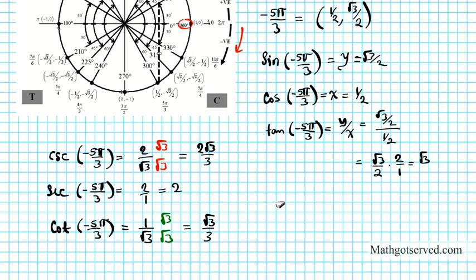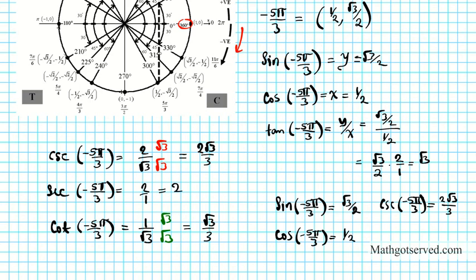Let's organize them together. We have sine of negative 5 pi over 3 equals root 3 over 2. Its reciprocal relative is cosecant. Cosecant of negative 5 pi over 3 is 2 root 3 over 3. Cosine of negative 5 pi over 3 is 1/2, and its reciprocal, secant of negative 5 pi over 3, is 2.